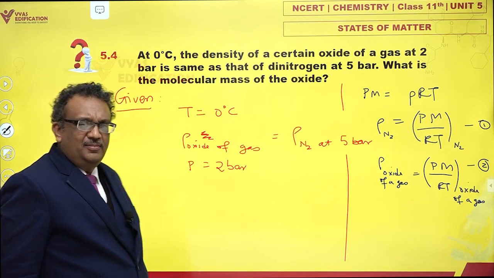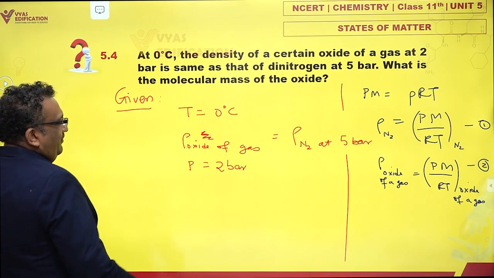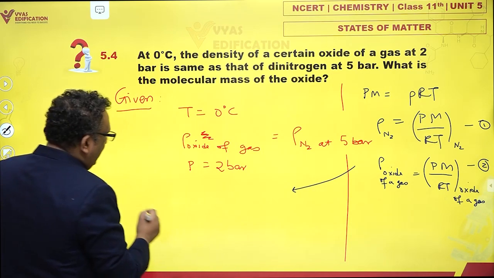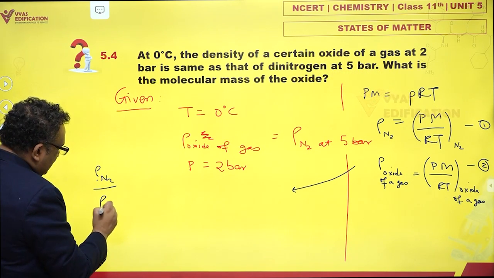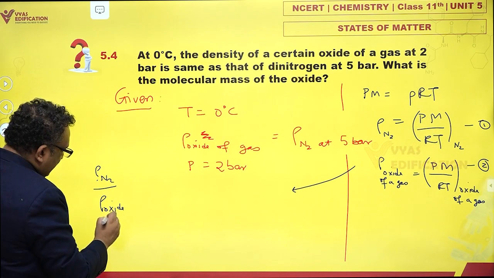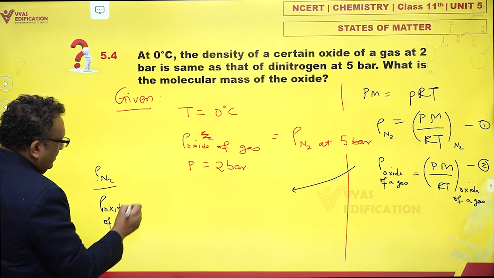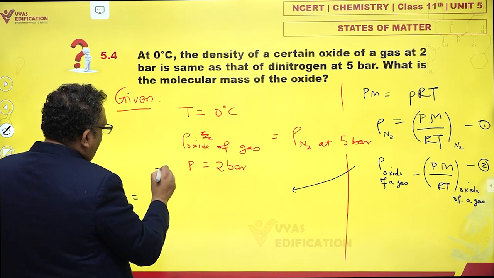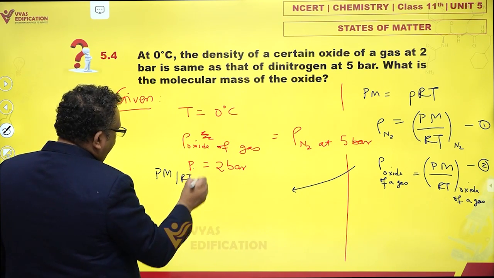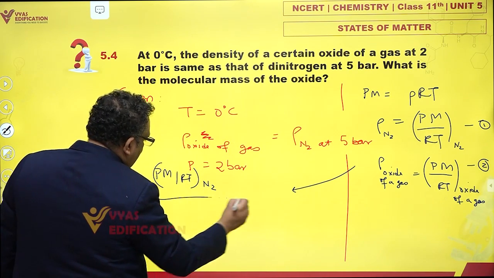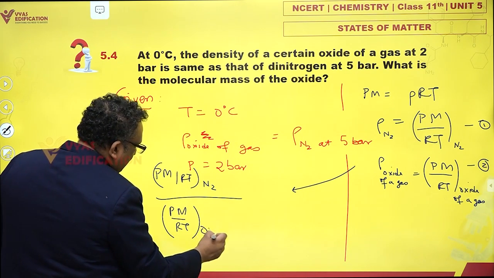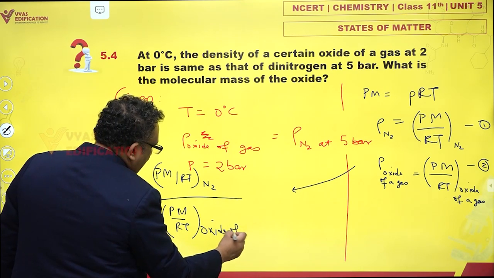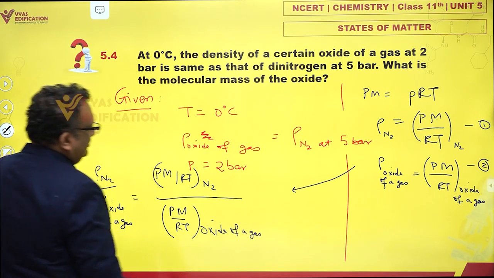Can I divide them? Nobody can stop me. If I divide, what do I get? I get density of nitrogen over density of oxide of a gas. This is equal to PM upon RT of nitrogen divided by PM upon RT of oxide of a gas.